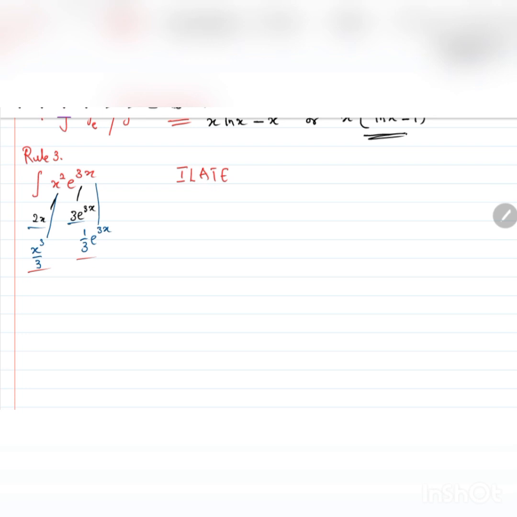So you follow this order from the left. The first function from the left becomes your u, and the second function will become your v. What I'm trying to say is, look at this. The I is inverse trig.